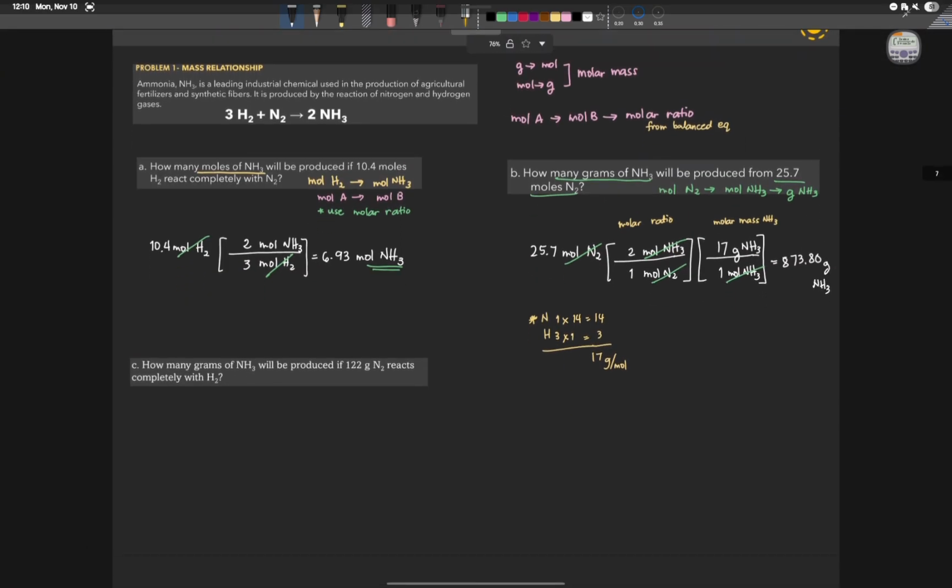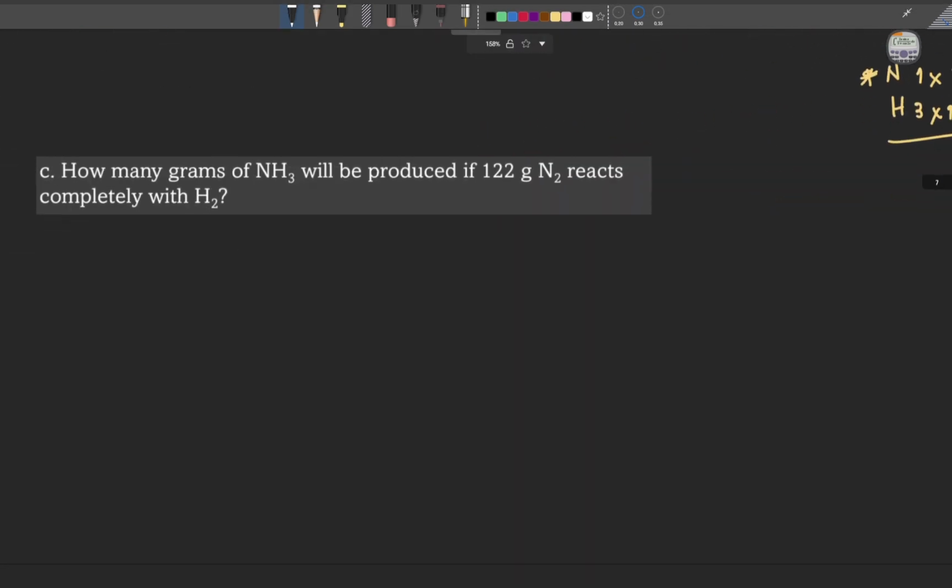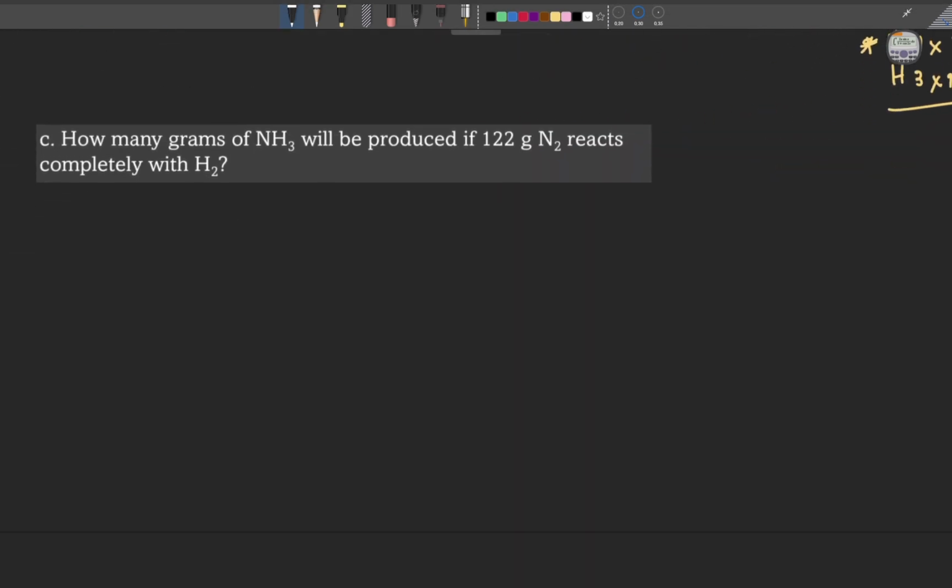Okay. Next, letter C. How many grams of NH3 will be produced if you have this, and then we're looking for grams of NH3. So for you to go there, you have first grams of N2. You have to convert this to moles of N2.